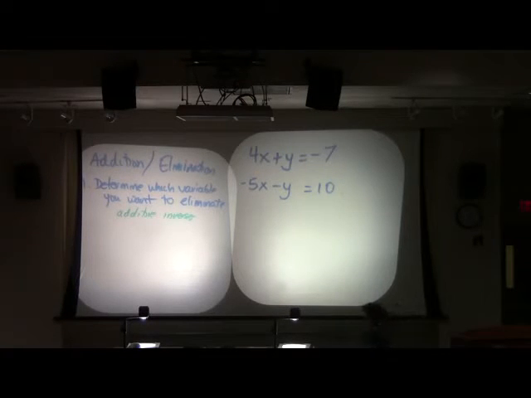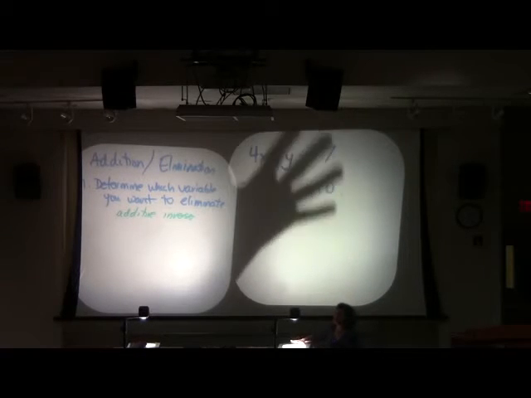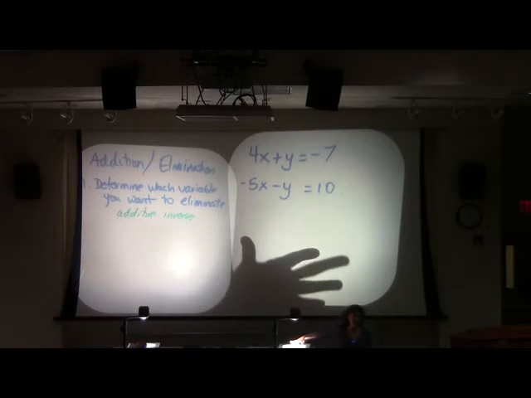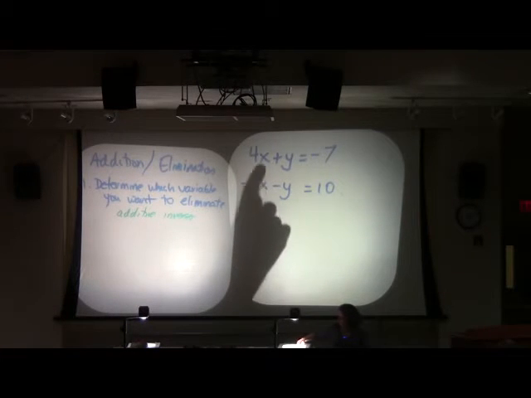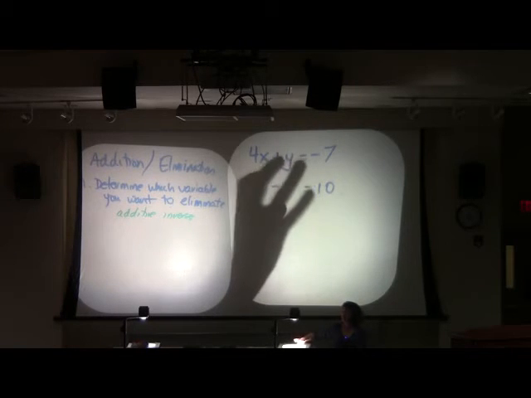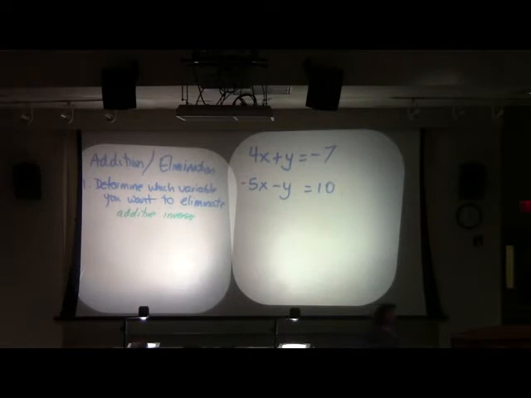So, the key thing here is additive inverses, because what we want to do is add our two equations together and have the coefficients, in other words, the numbers in front of one of your variables, be additive inverses of each other.